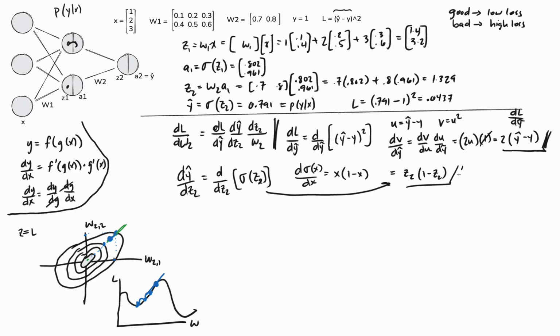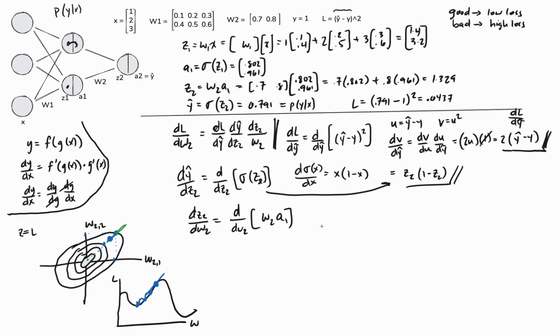Okay, and dz2 with respect to w2 is the derivative with respect to w2 of the function w2 a1.